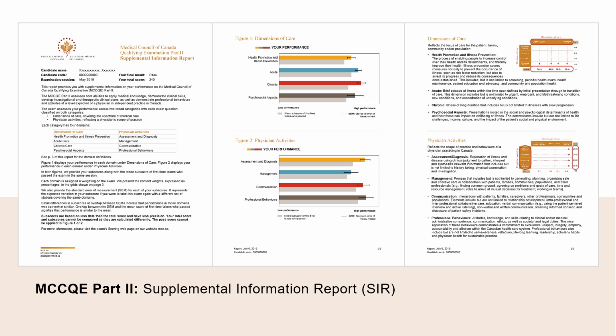This document allows candidates to assess their relative strengths and weaknesses and compare their subscores with the mean subscores of first-time test takers who passed the exam. We use first-time test takers who passed so that the comparison is more meaningful for candidates. It would not benefit a candidate to have their performance compared to a group of test takers that includes those who failed.